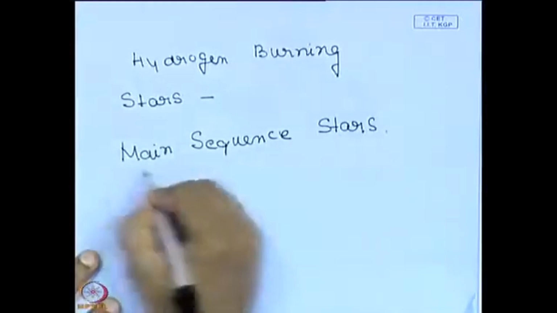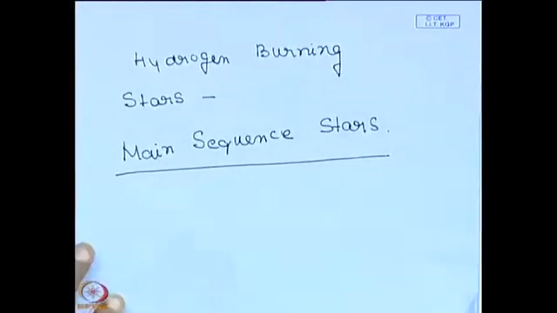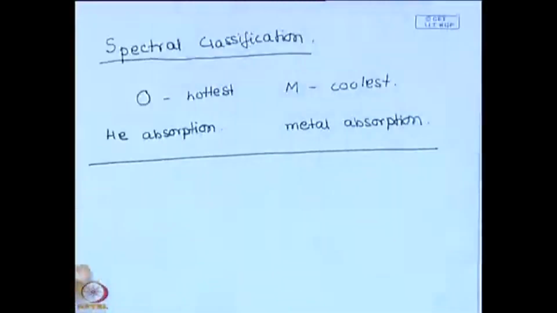And why it is called the main sequence I shall explain to you shortly. Okay, so, we shall interchangeably be terming them as hydrogen burning stars or main sequence stars, and the equations which we had developed are for this class of stars.